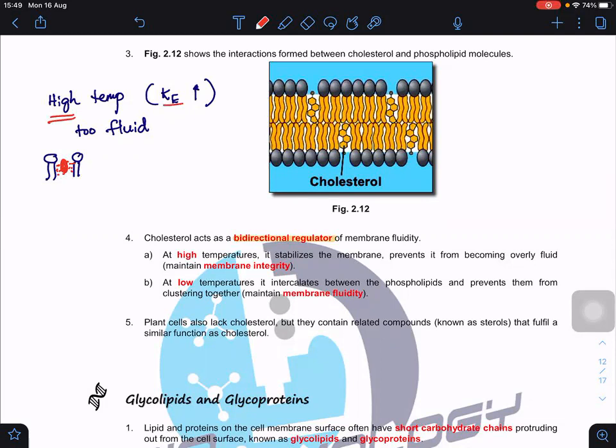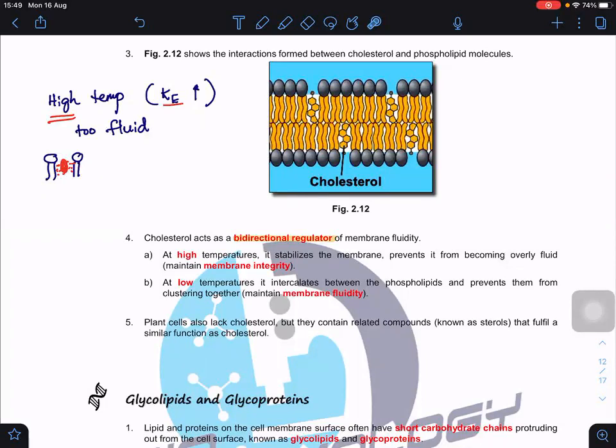Kinetic energy being high means the molecules will vibrate too vigorously until the membrane is spoiled and damaged. So in order to prevent this, we have the cholesterol molecule in between them. Can you see the cholesterol molecule in between them? This cholesterol molecule will hold the membrane, so the membrane won't be too fluid.